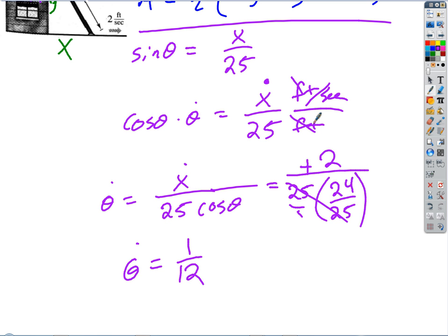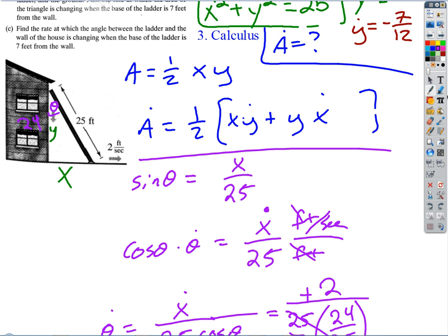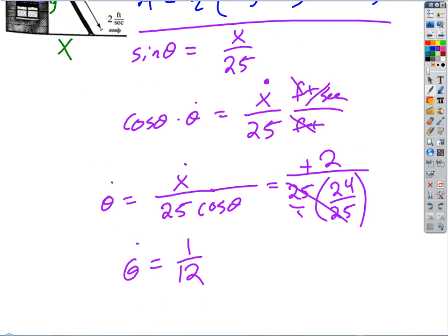The cosine theta would have been unitless, because cosine is a measure of feet over feet. So my final answer ends up being 1/12, and the units are just per second.